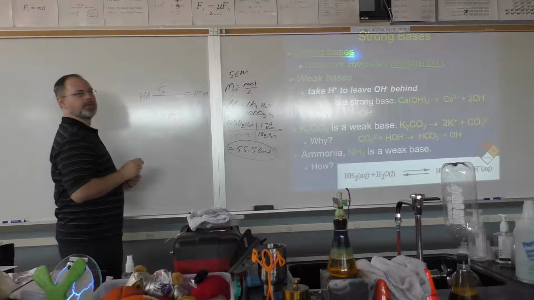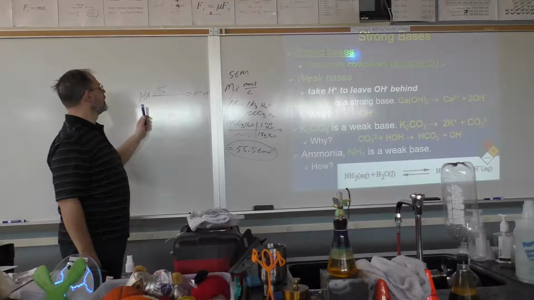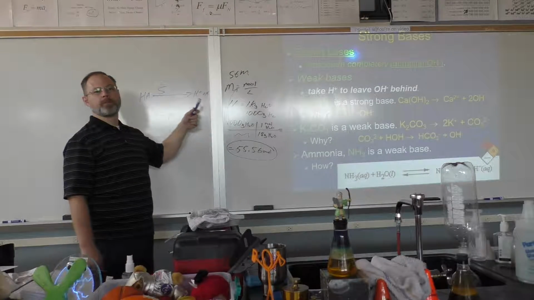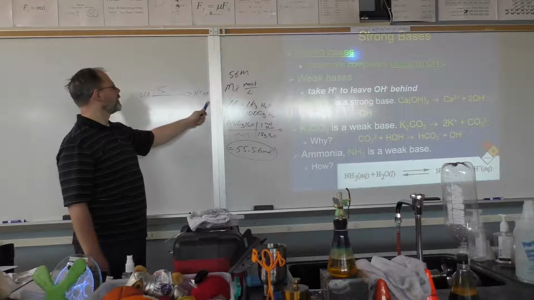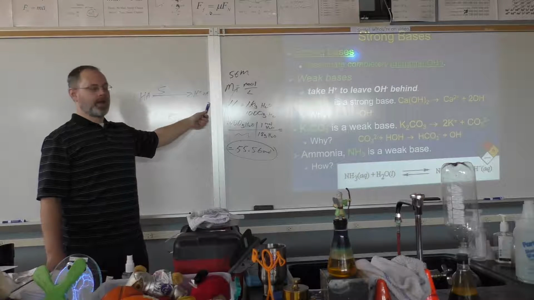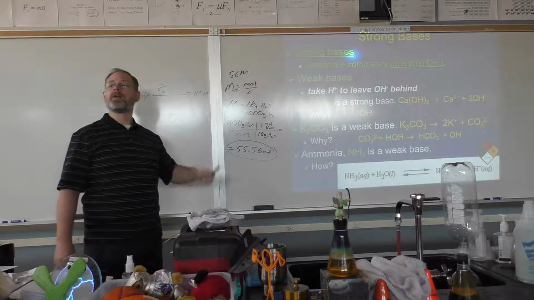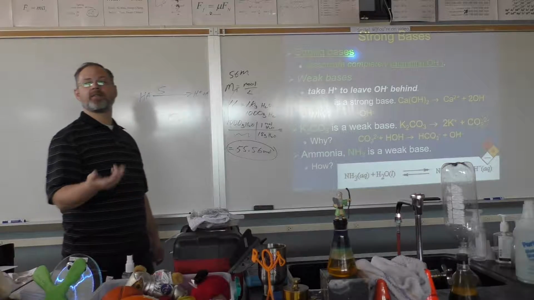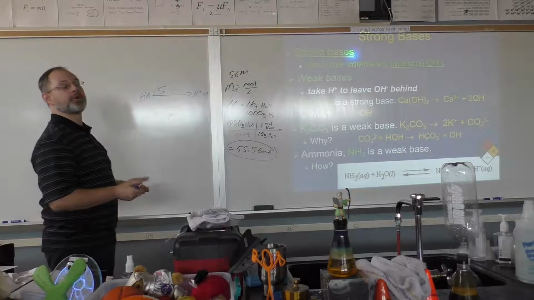If you get a billion HAs, you get a billion H pluses and a billion A minuses. Anyone remember what this A minus is called? Yeah, it's called the acidic anion. So a strong acid dissociates completely into its acidic anions and hydrogens or hydroniums.